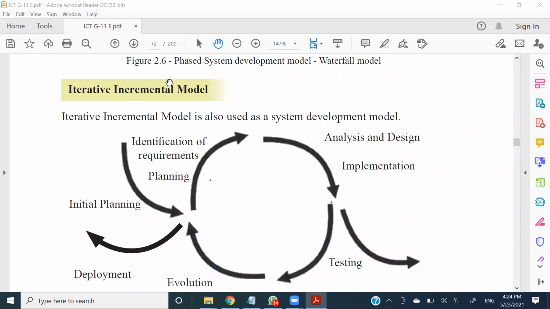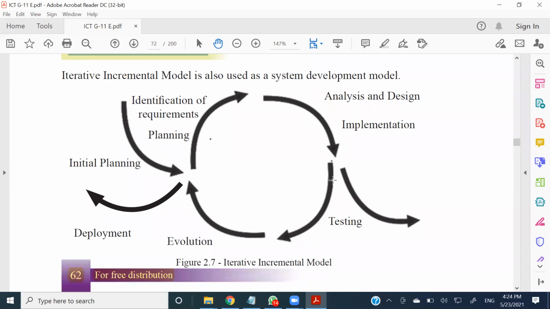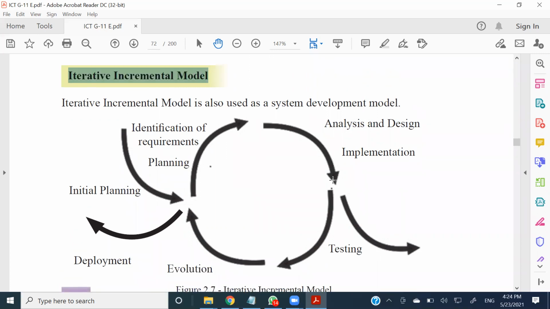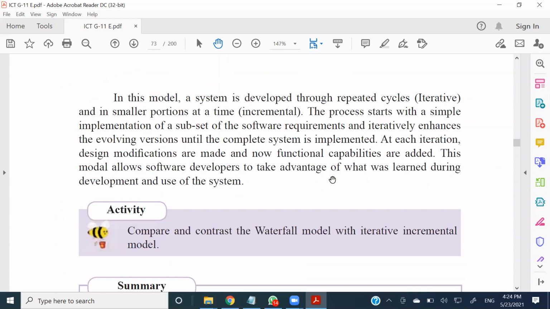So have the heading and let's write about this and then let's come to the drawings, right? So iterative incremental model, the heading.